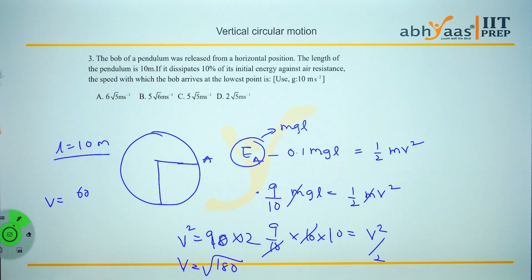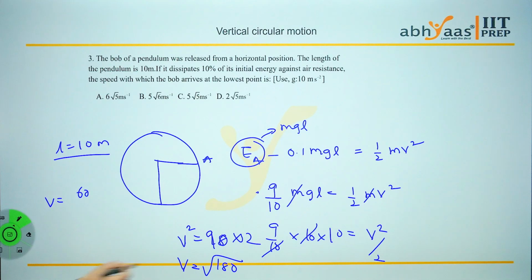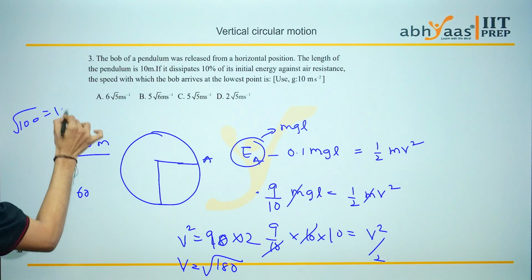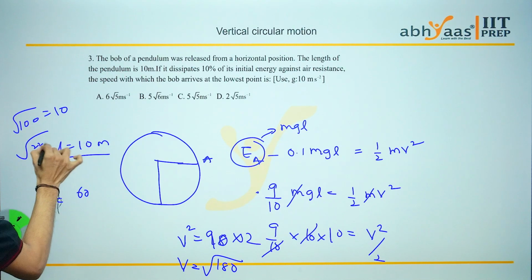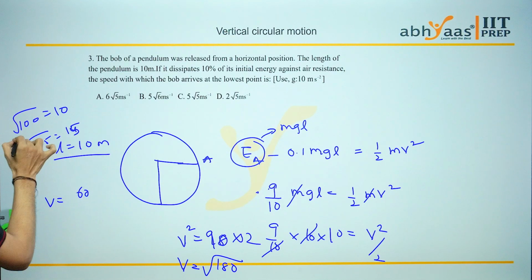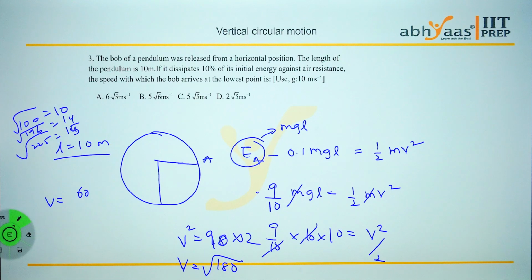So check the options. Generally you can see root 100 is 10, whereas root 225 is 15, and root 196 is 14. So you just check it.